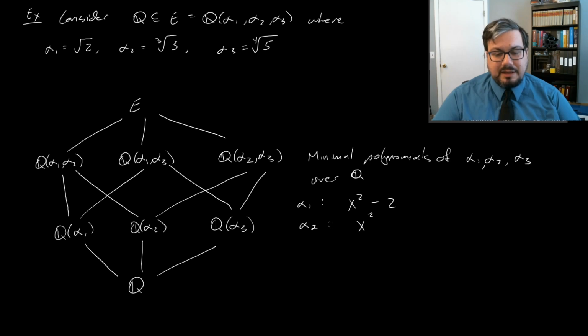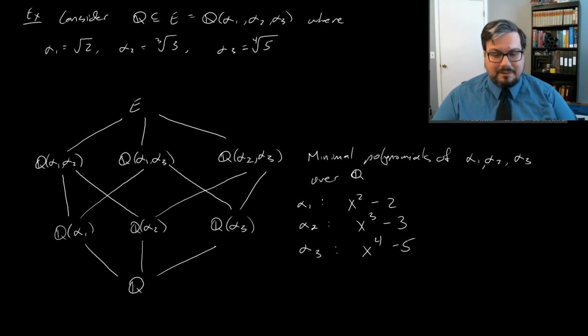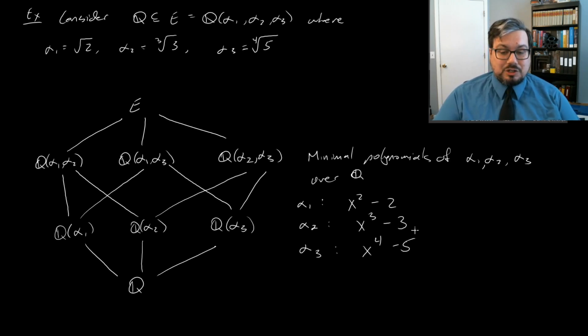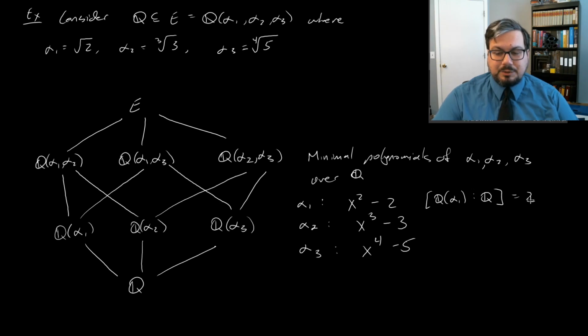Alpha 2 has minimal polynomial x cubed minus 3, and alpha 3 has minimal polynomial x to the fourth minus 5. All of these are irreducible by Eisenstein's criterion. They're all monic by inspection, and so in particular we have that the degree of Q alpha 1 over Q is equal to 2, the degree of this minimal polynomial.